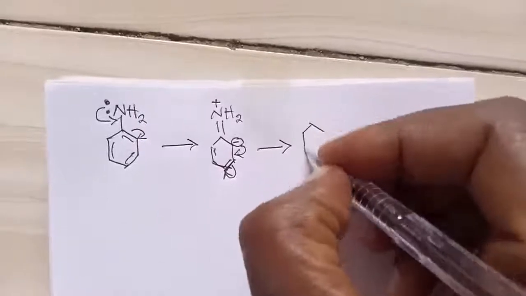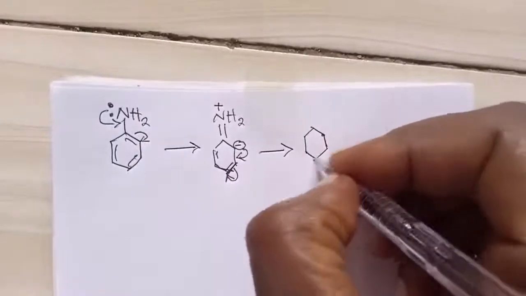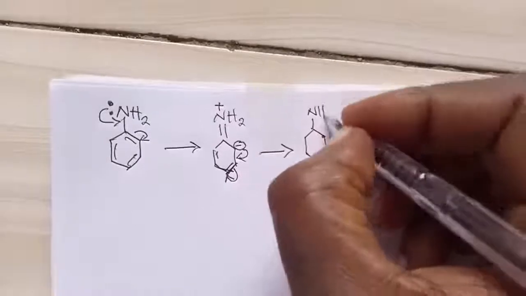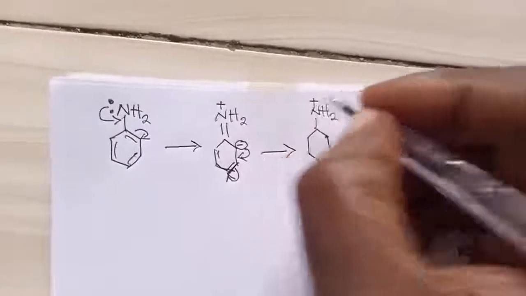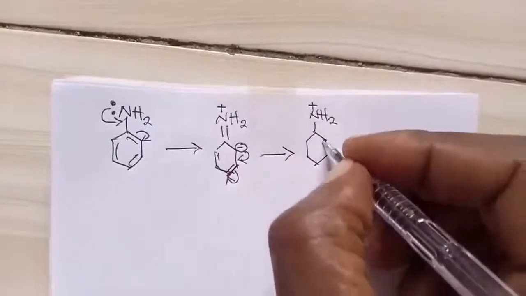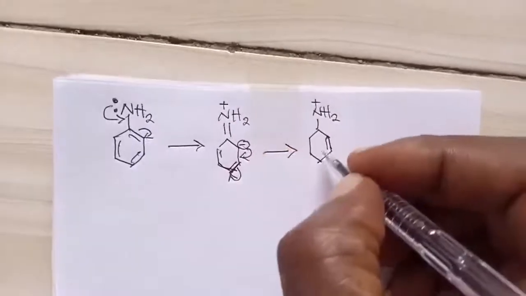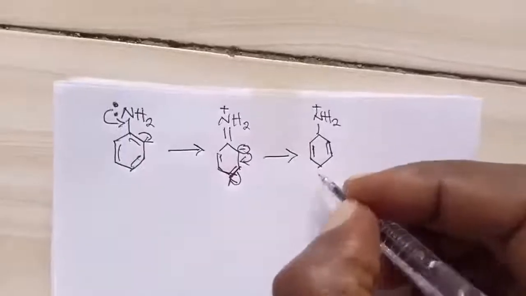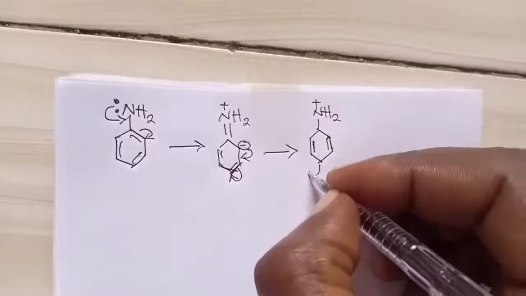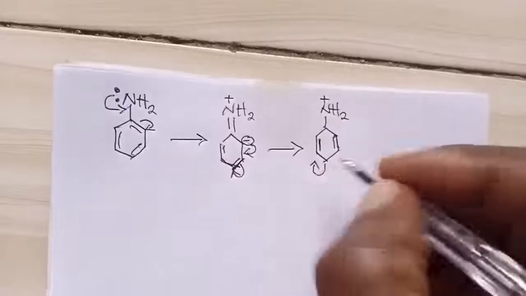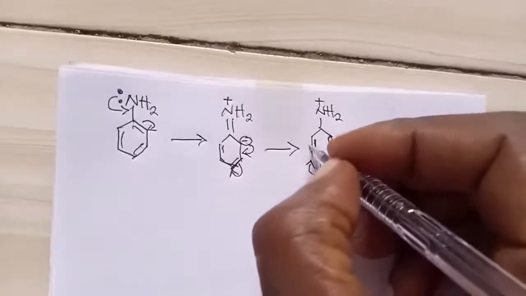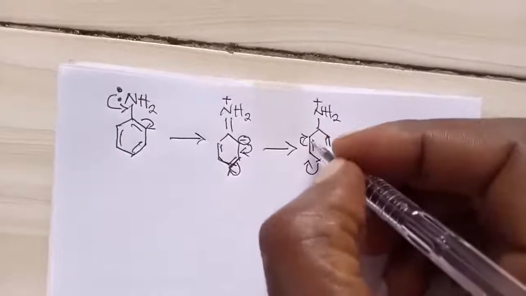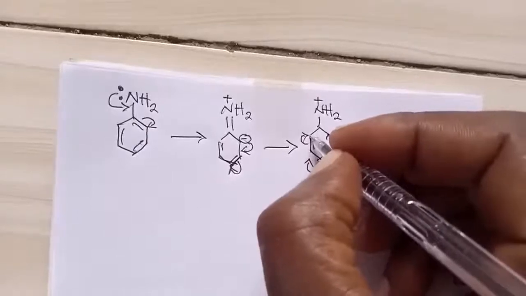We'll still have positively charged, and the double bond will come here. The double bond will also come here, and the charge electron will also move again to this point, and also the double bond will shift, the electron coming to this carbon atom here.